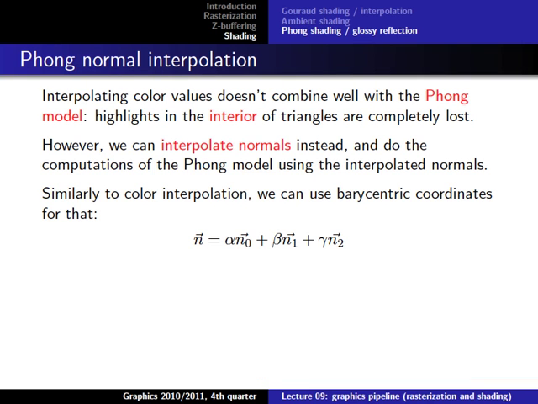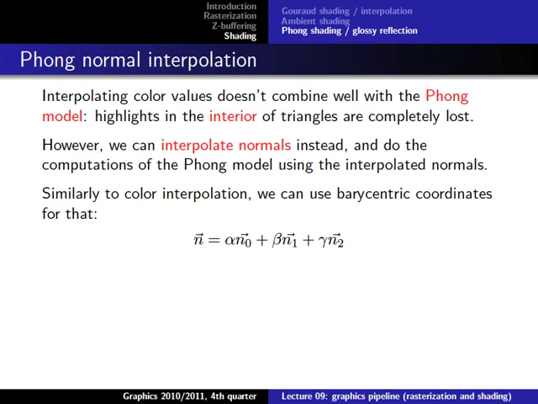Now, if you think about what we said for the Gouraud shading, when we do the linear interpolation between the values, then of course all the values in between only depend on the color values in the corners.